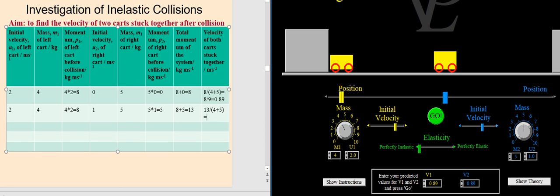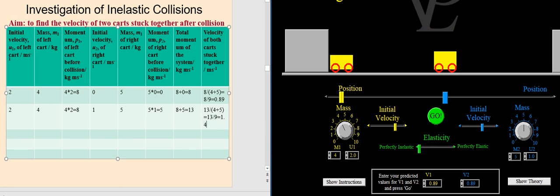So 13 divided by 9 gives 1.4. So we should see a velocity of 1.4 in here.